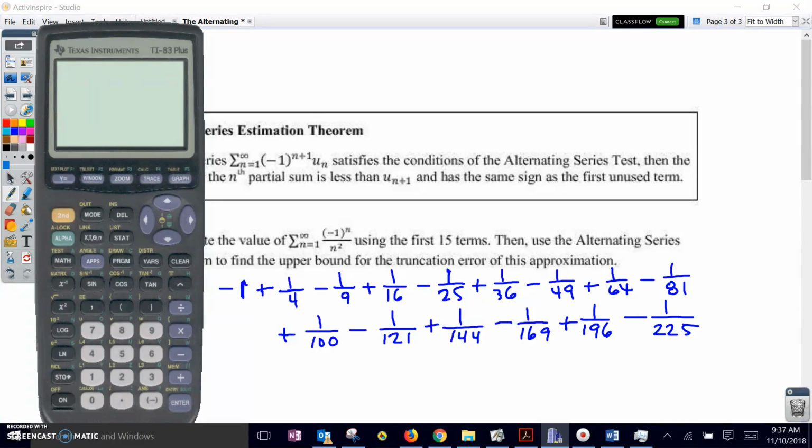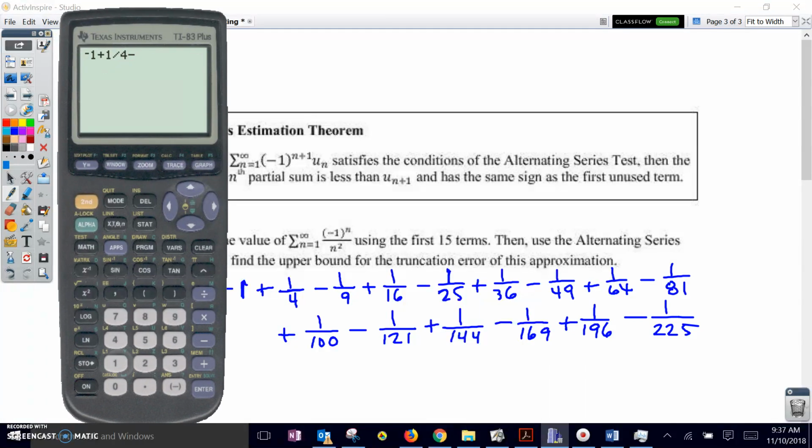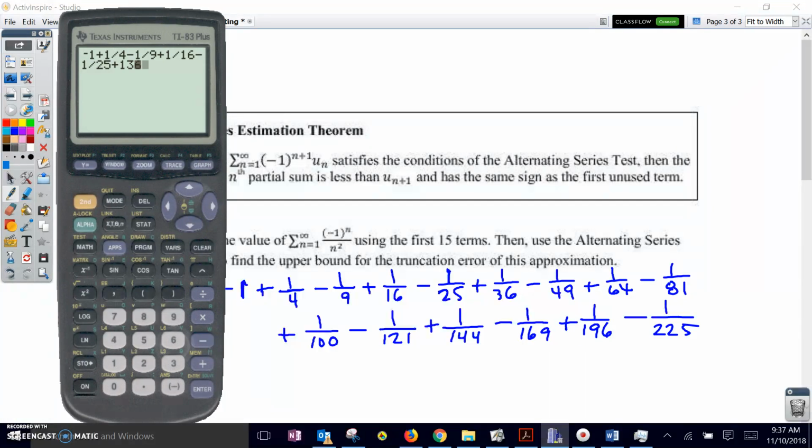Wow. So I got negative 1 plus 1/4 minus 1/9 plus 1/16 minus 1/25 plus 1/36 minus 1, and so on.